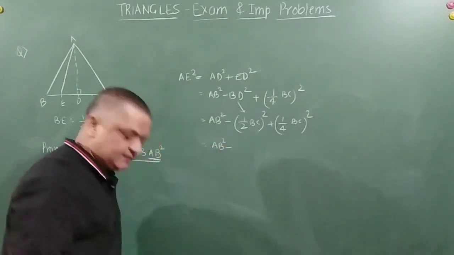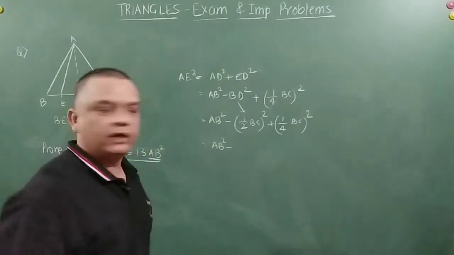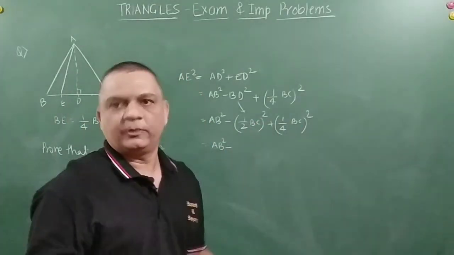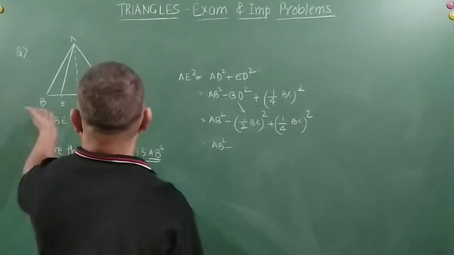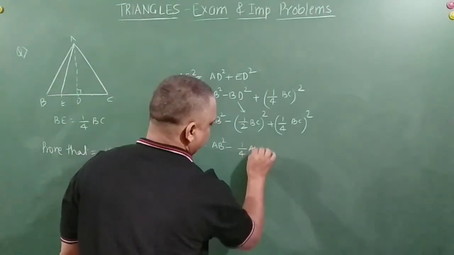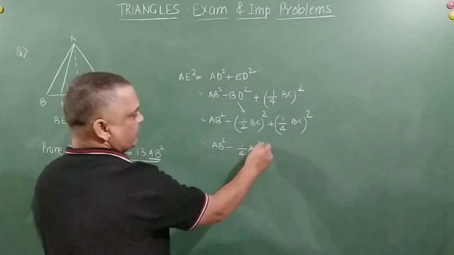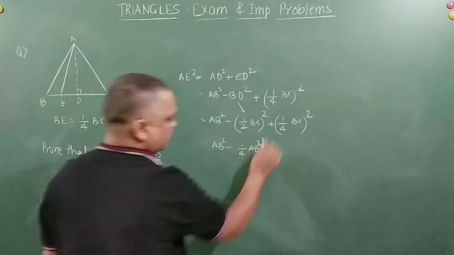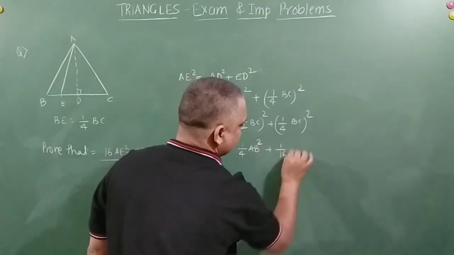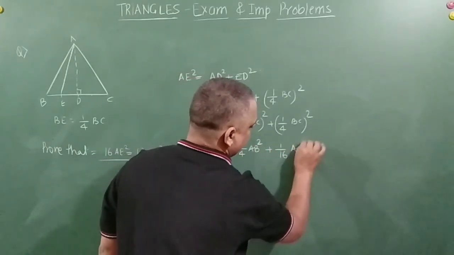Now friends, since this is an equilateral triangle, BC can very well be written as AB because all sides are the same. So that becomes 1 by 4 AB square. I have opened the bracket and squared it, so I don't think there is any problem. Plus 1 by 16 AB square.